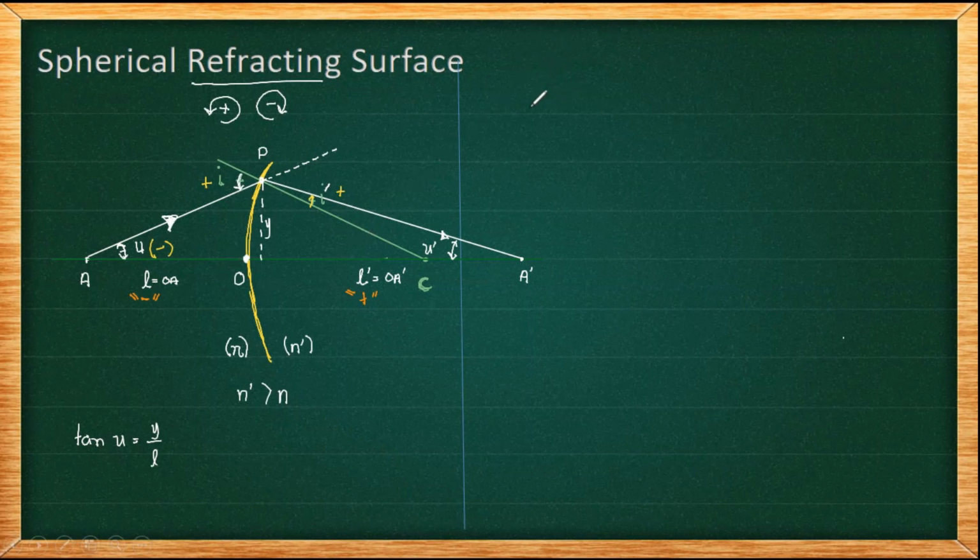Let's compare the angles first, between U, alpha, and I. I forgot to draw the alpha.